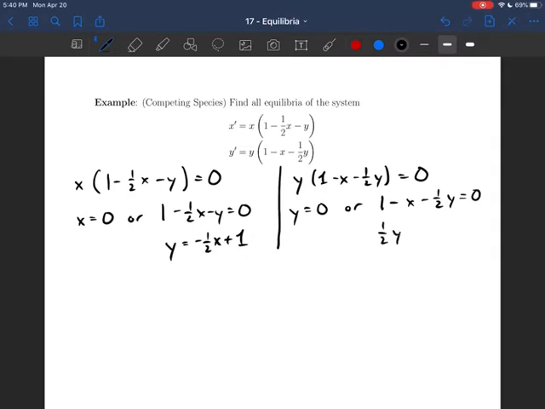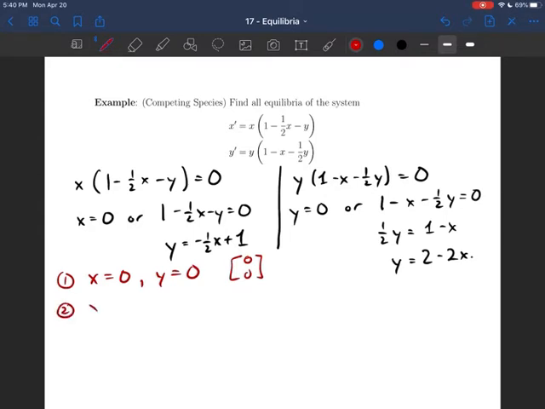So that means y equals 0, or 1 minus x minus 1/2 y equals 0, which is the same as 1/2 y equals 1 minus x, so y equals 2 minus 2x. So two conditions could satisfy the first equation and two conditions could satisfy the second equation. We need to try all the different combinations of those conditions to get our equilibria.